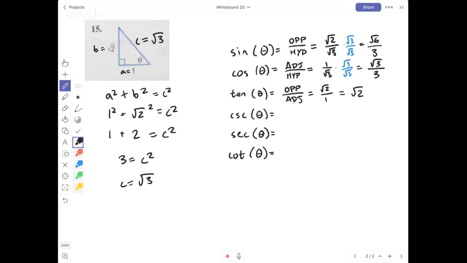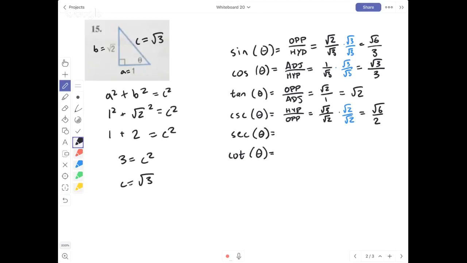The cosecant of theta is the hypotenuse over the opposite, which is root 3 over root 2, which I'm going to times by root 2 over root 2, so I don't leave a radical in the denominator, and I get root 6 over 2.